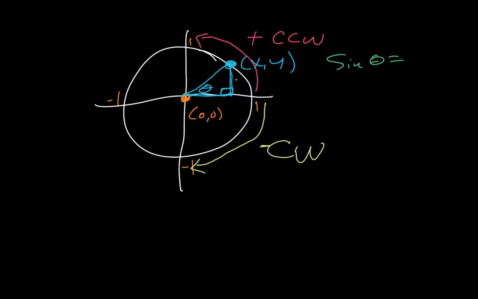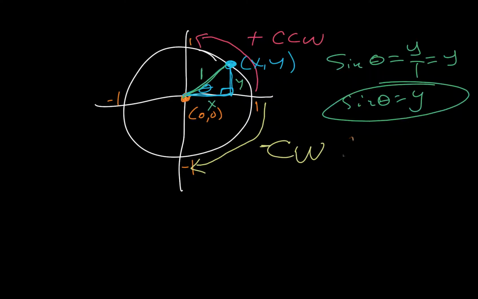So this side would be the y, and this side would be the x. So the opposite is y divided by the hypotenuse, which is a radius of the circle, which is 1. And so that means sine of theta on a unit circle is always y.